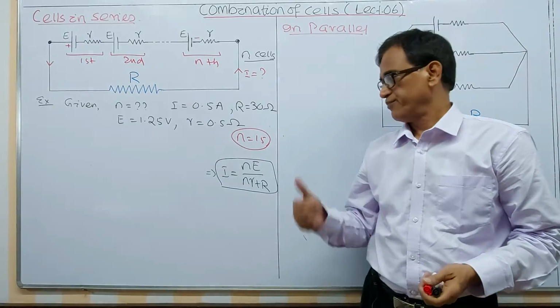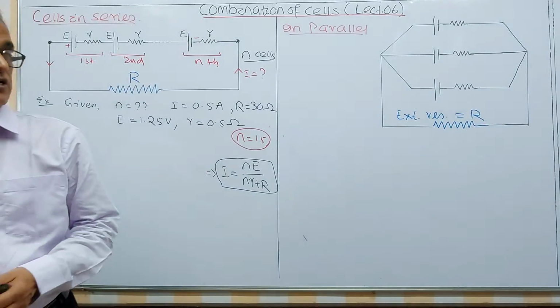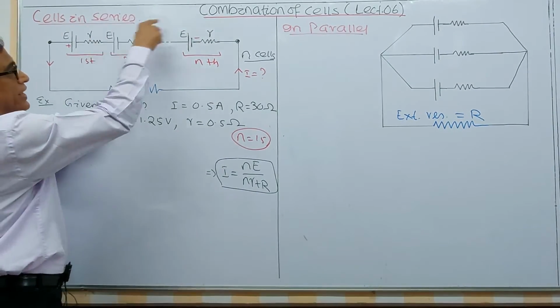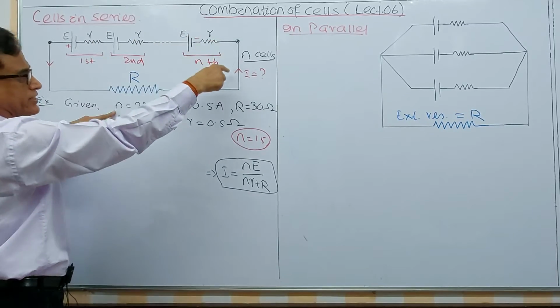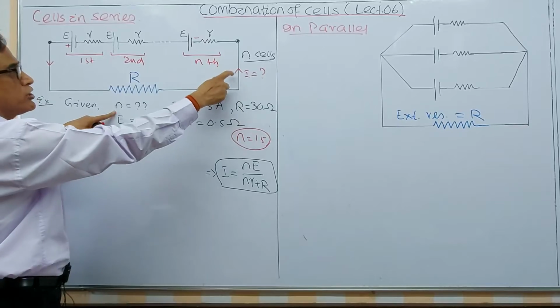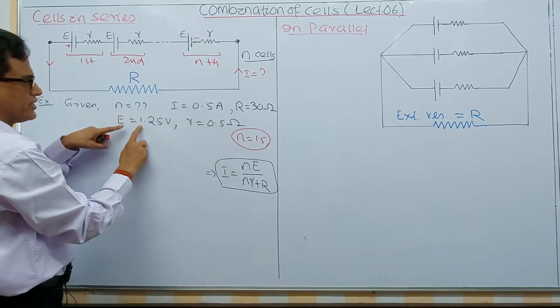So what are the given data? The question is: find the number of cells in a circuit connected in series to an external resistance of 30 ohm, if it draws a current of 0.5 ampere, and the data are given.